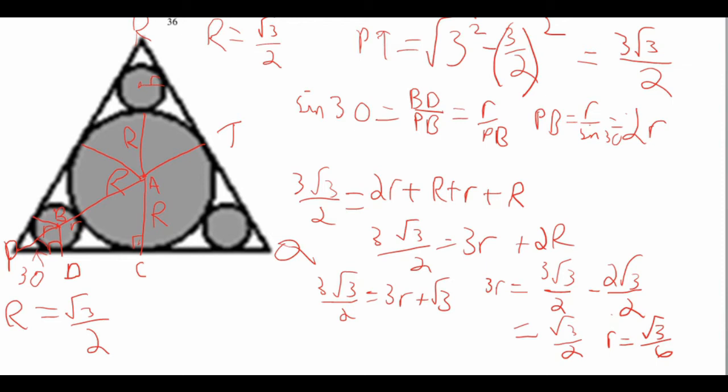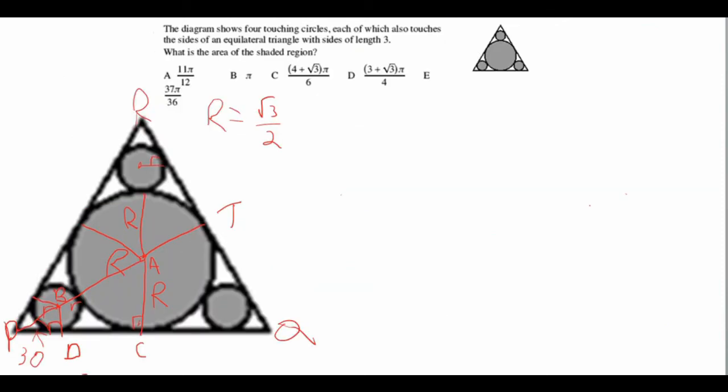So again, I'm just going to quickly erase the board. Okay, so we know that little r is equal to root 3 over 6. And so what we can now do is work out the shaded region.